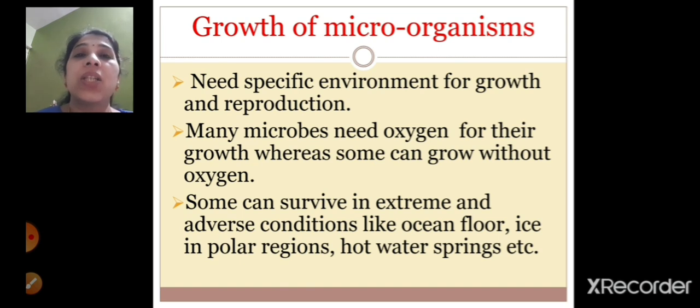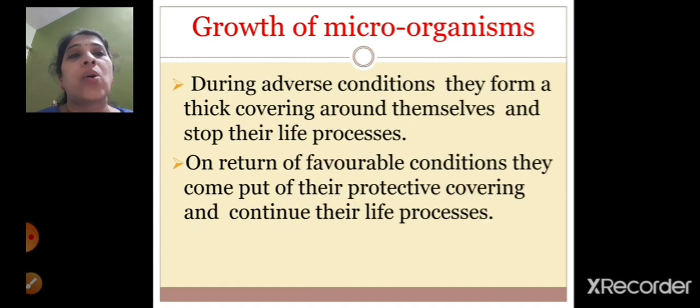In such conditions also the microorganisms can grow, right? Because we always say that microorganisms need some warmth, so in cold conditions they cannot grow, but there are some microorganisms which can grow in cold conditions also. But what do they do in these cold conditions? They form a thick covering around themselves and then they stop their life processes for some time.